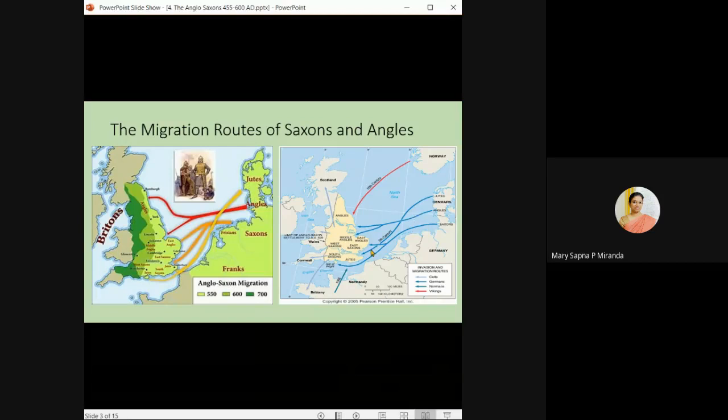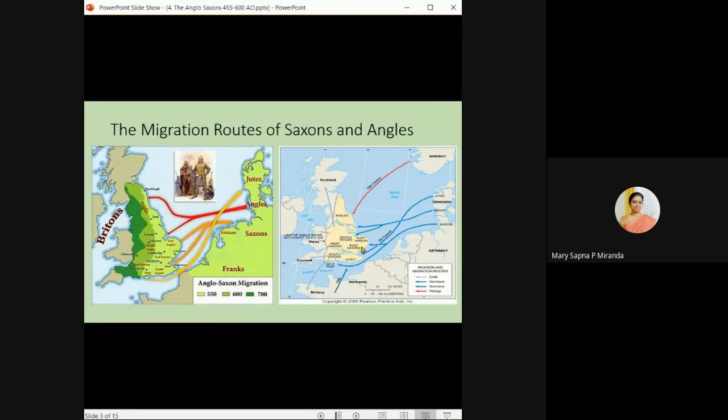From the 5th century onwards, you have the Germanic tribes coming from these regions: Denmark, Germany, and this region, Holland. From these regions, people came and settled here. This is the 5th century, 5th, 6th, 7th, 8th, around 400 years or so.